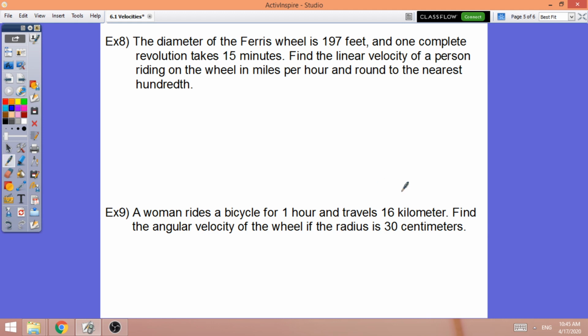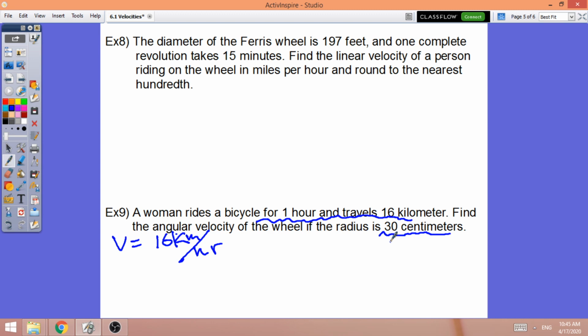So we do know that in 1 hour it travels 16 kilometers. So basically you can say that V equals 16 kilometers per hour. That's given in the first statement, so that's just the linear velocity. And now we need to find the angular velocity of the wheel if the radius is 30 centimeters.